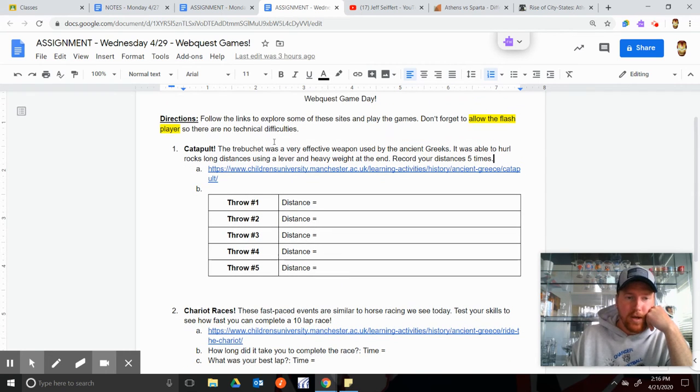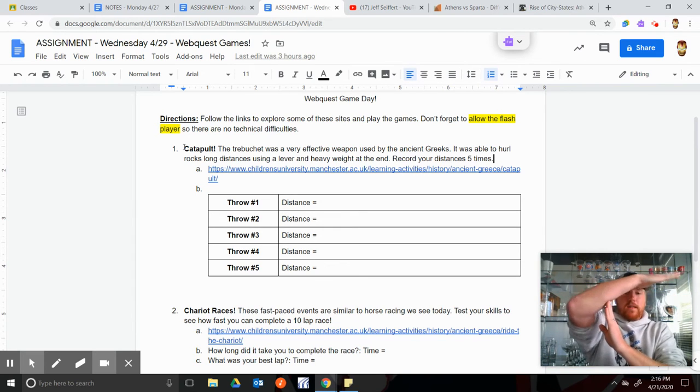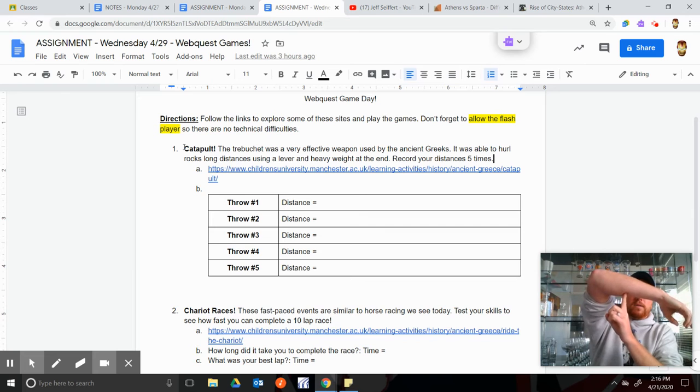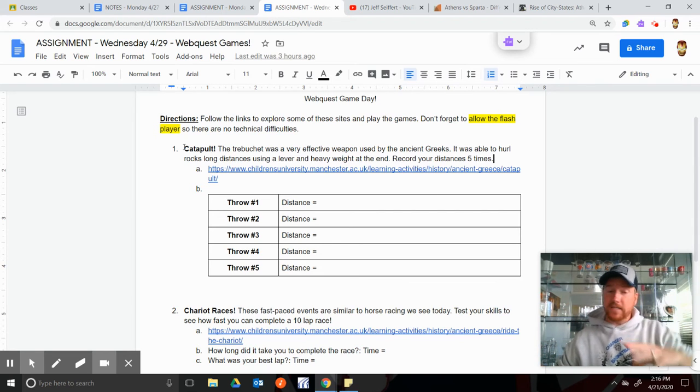The first one talks about a catapult, which is an old school weapon, very similar to an old school cannon, but without the use of gunpowder. Essentially it was a lever that had a big ball or a cannonball on one side, and then on this side they would put a weight that was heavier than that ball, and they would release it, and it would shoot the cannonball long distances.